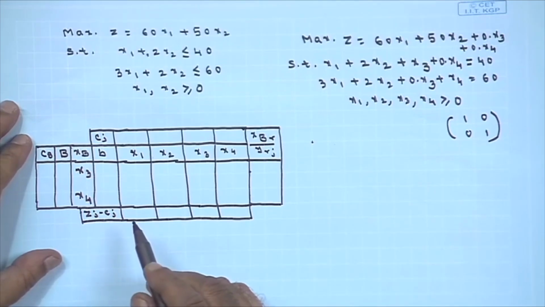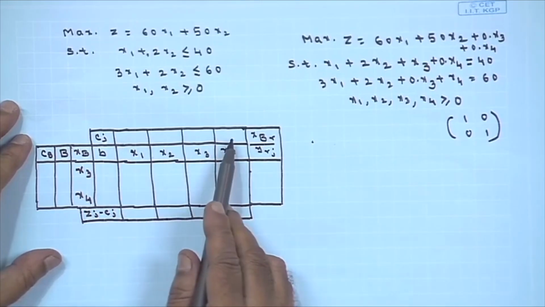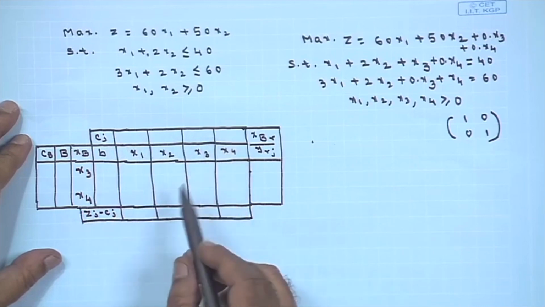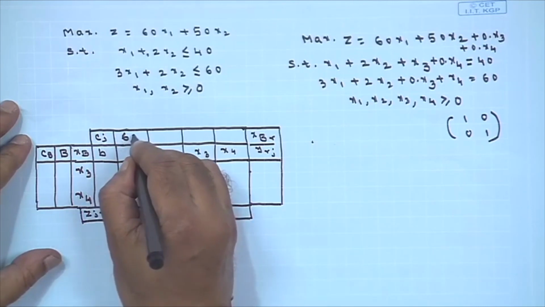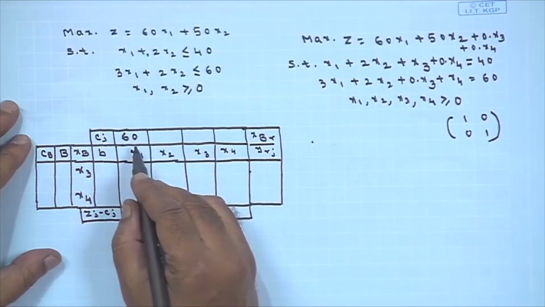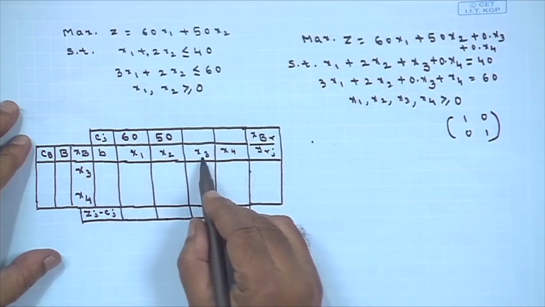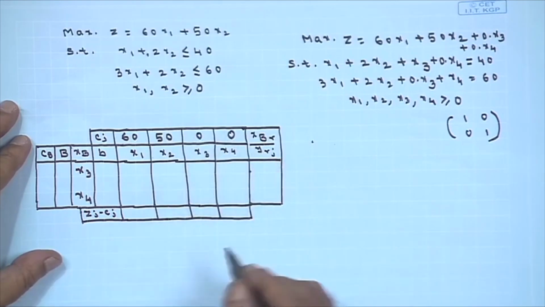If you remember, we have told that in the table the first row represents the coefficient of the cost. For x1, the coefficient in the cost function z is 60, so we write 60; for x2 it is 50, we write 50; for x3 it is 0, for x4 it is 0.